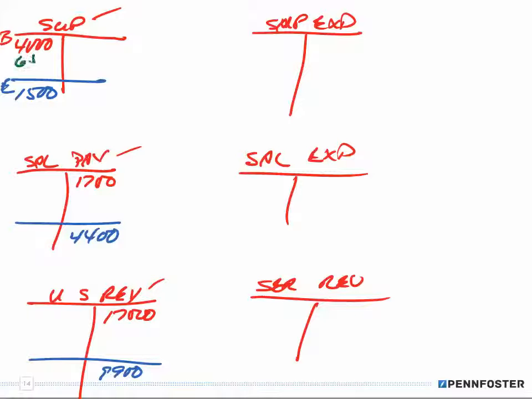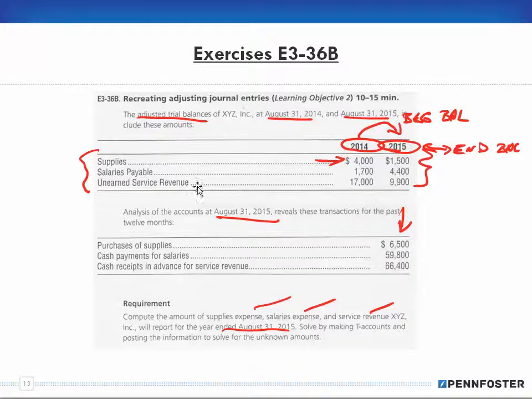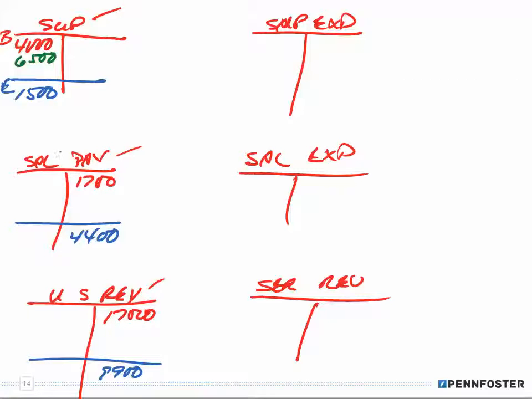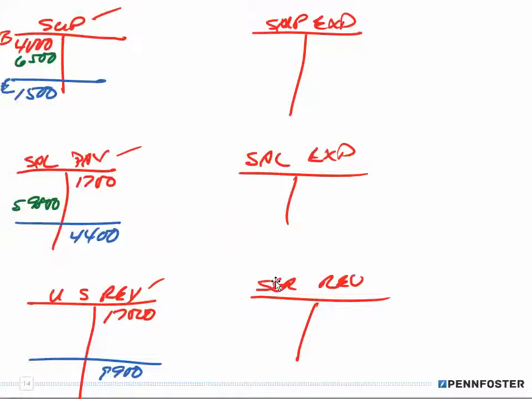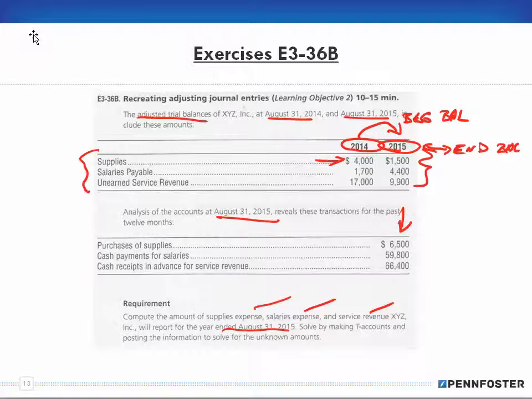We had a cash payment for salaries of 59,800, which means we paid out our salary payable, and cash receipts in advance for 66,400.